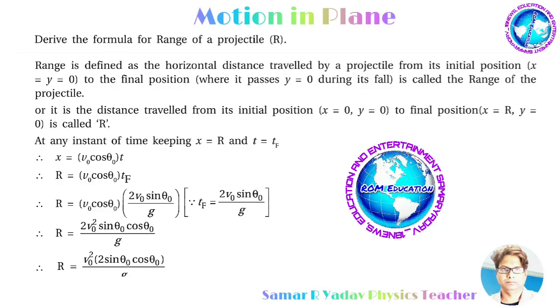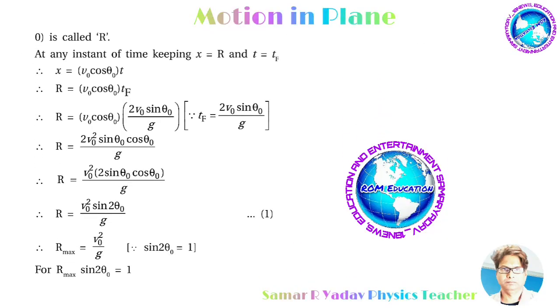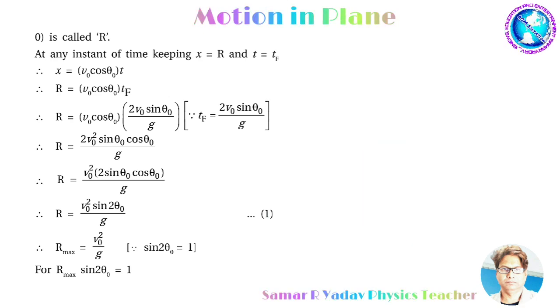Keeping x = R and t = Tf, from x = (v0 cos θ0) t, we get R = (v0 cos θ0) Tf.